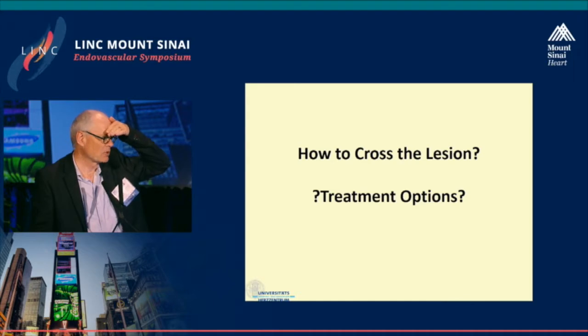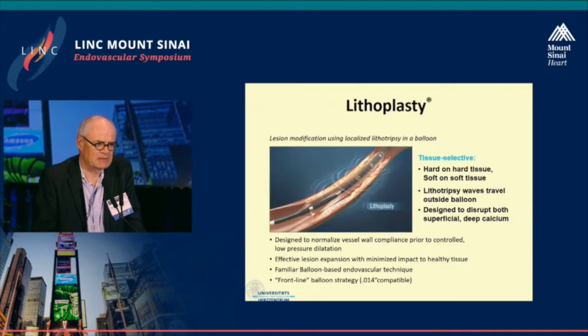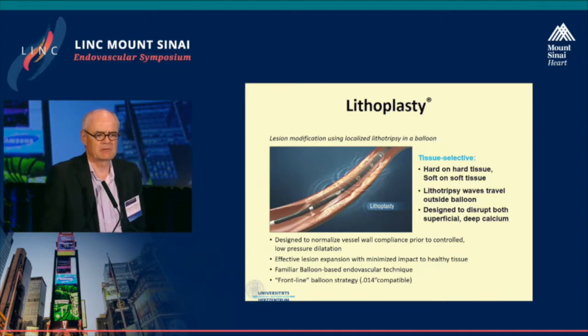So treatment options, calcification. What do we have? Well, of course, we can debulk, but this is a very diffuse, long lesion. I believe most interventionalists would not consider atherectomy. What I will discuss here is lithoplasty. And this is, I would say, one of the interesting cases where we will see the benefit of this kind of treatment. Lithoplasty is something which is still investigational in the US.